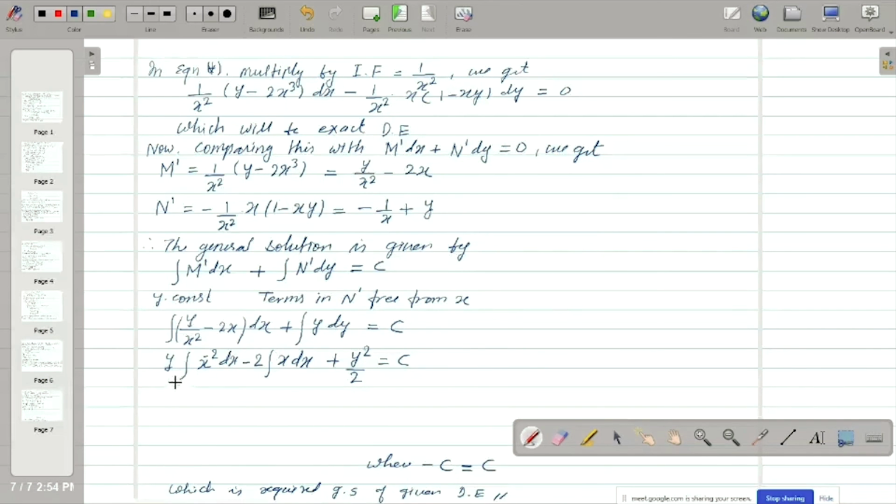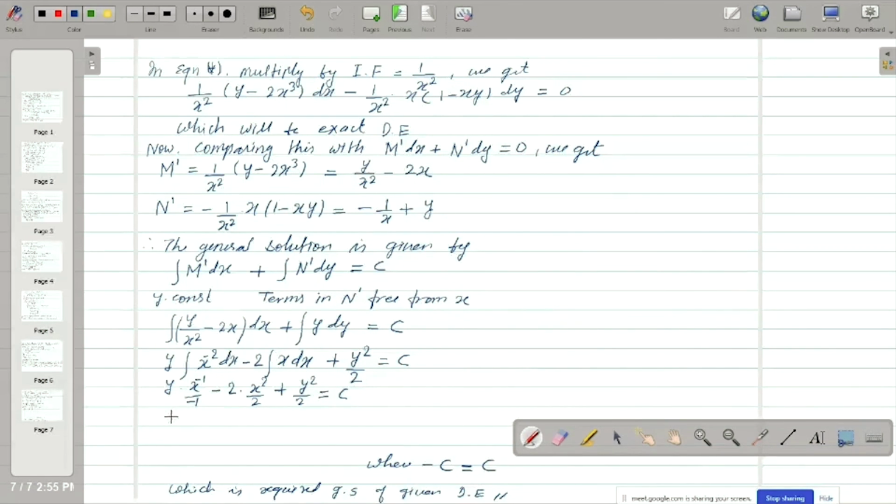So this becomes y into x raised to minus 2 plus 1, that is minus 1, upon minus 1, and minus 2 times x square by 2, and plus y square by 2 equal to c.